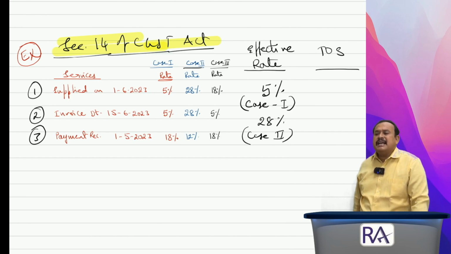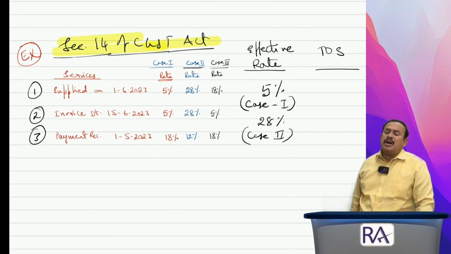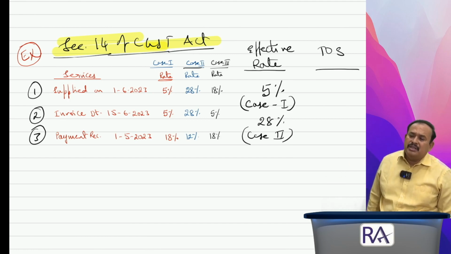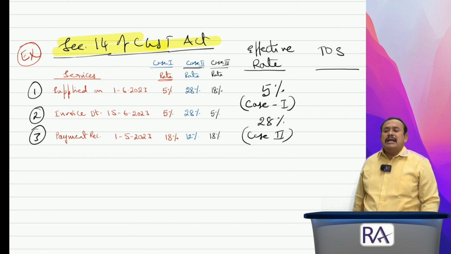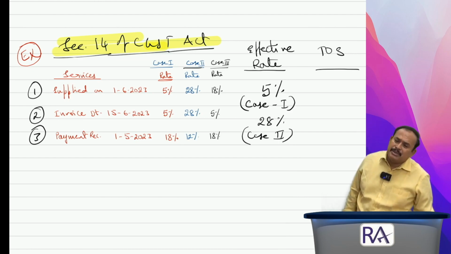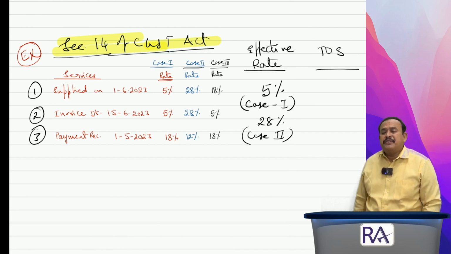Thereafter, case 3. If you have the case 3 here, 1st of May, 18% when the payment received. When supply of service complete 1st of June, remains 18%. So, new rate from 15th June.